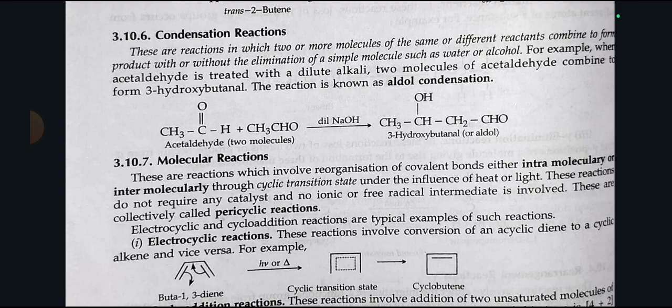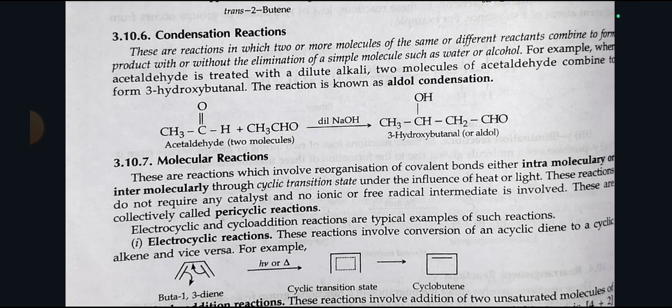3.10.6 Condensation reactions. These are reactions in which two or more molecules of the same or different reactants combine to form products with or without the elimination of a simple molecule such as water or alcohol. For example, when acetaldehyde is treated with a dilute alkali, two molecules of acetaldehyde combine to form 3-hydroxybutanal.